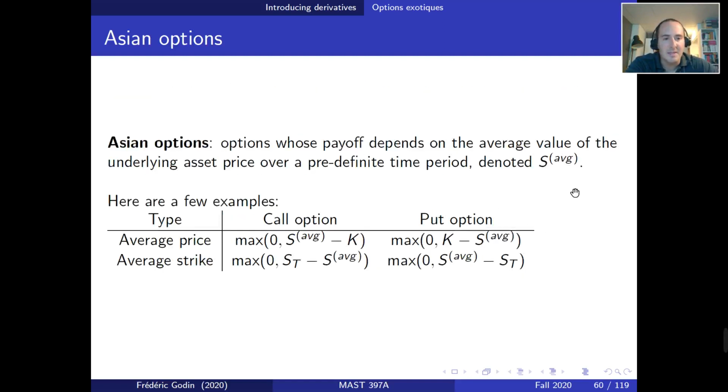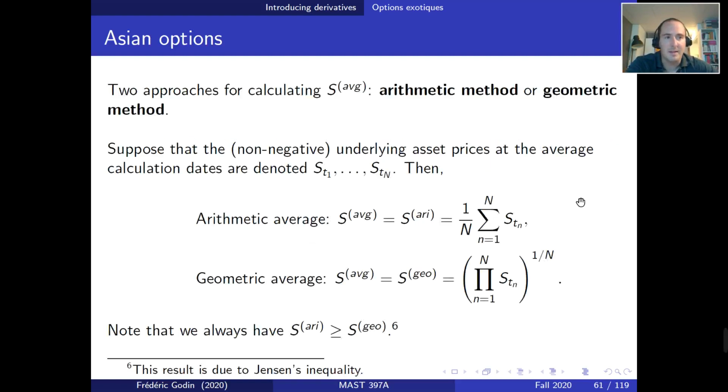Okay, so here this S average, it's the average over some period, but in practice, or at least in the literature, there are two ways to compute that average. The first is what we call the arithmetic method, and the second way to compute the average is called the geometric method.